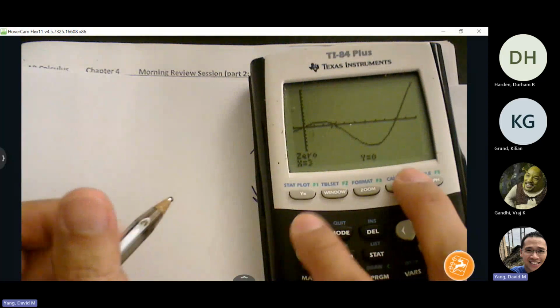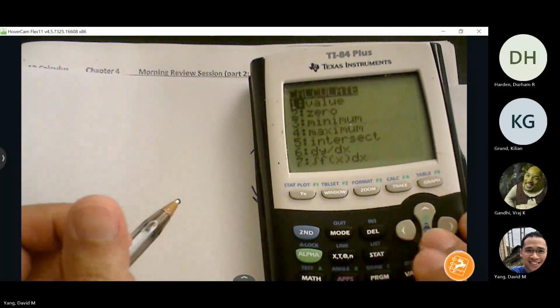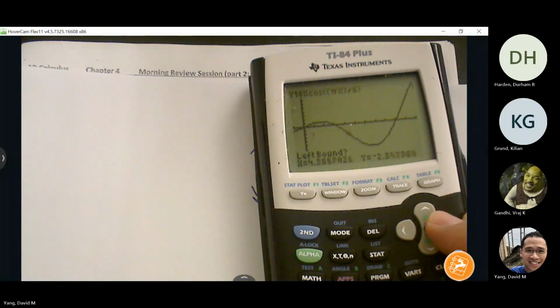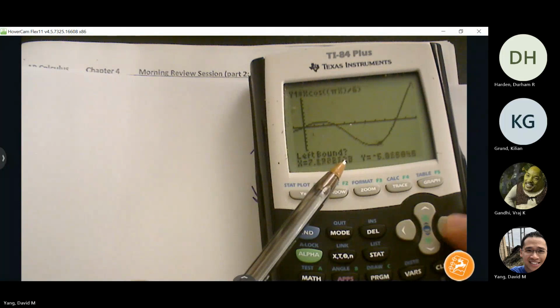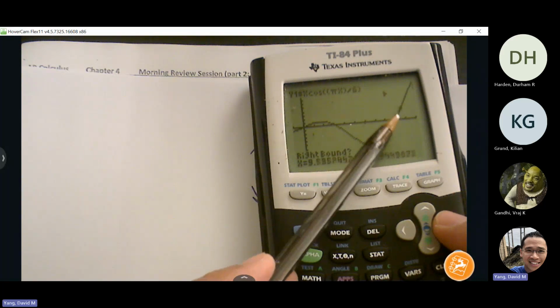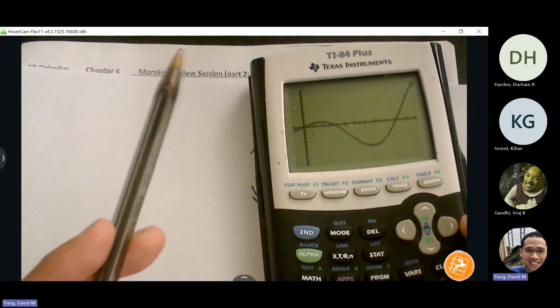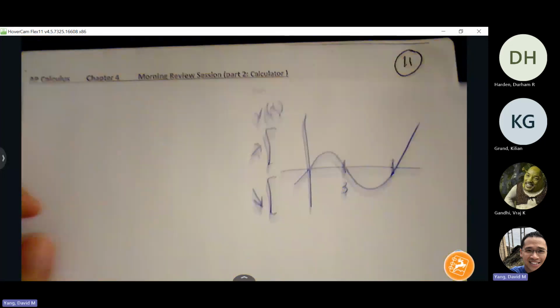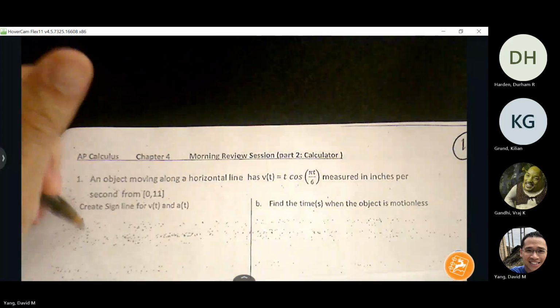One more time. Just pick a point to the left of the x-intercept, hit enter, scroll over to a point on the other side of the x-intercept, and enter. Okay, I get 9.